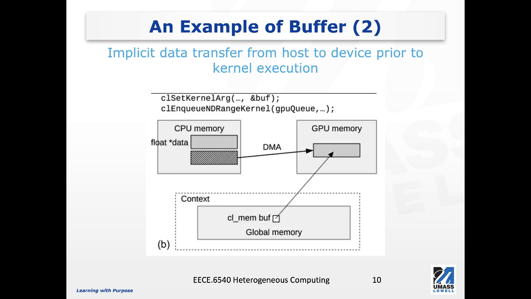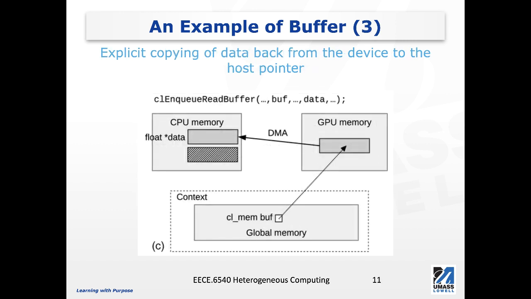So the point is the data transfer is implicit from the host to device prior to the kernel execution. After the computation is done, we are going to copy the data back from the device to the host.